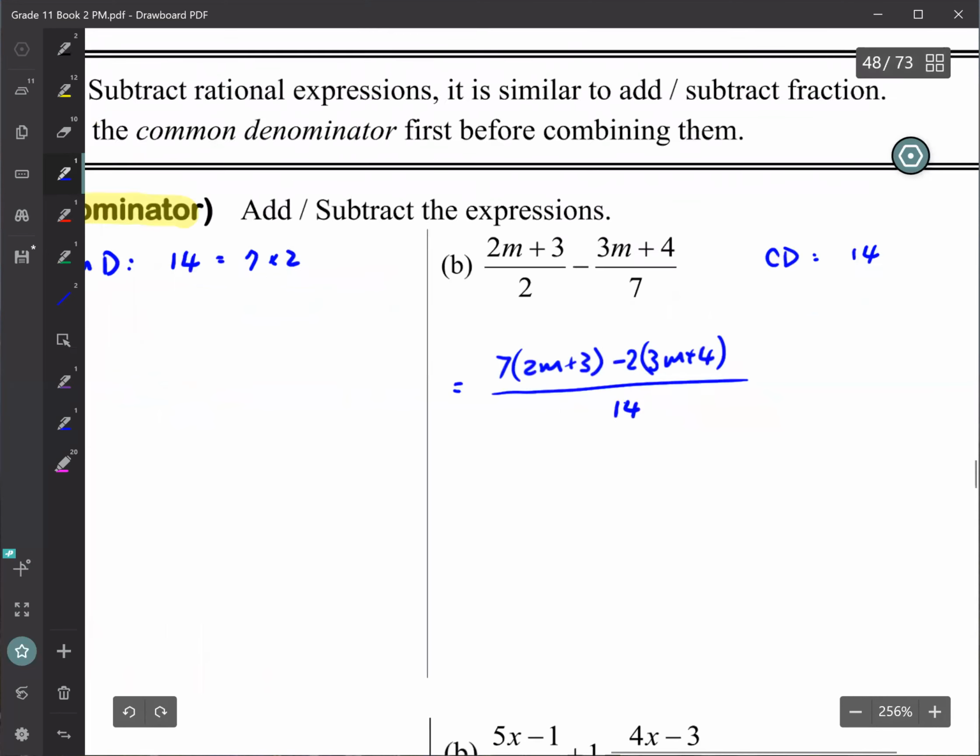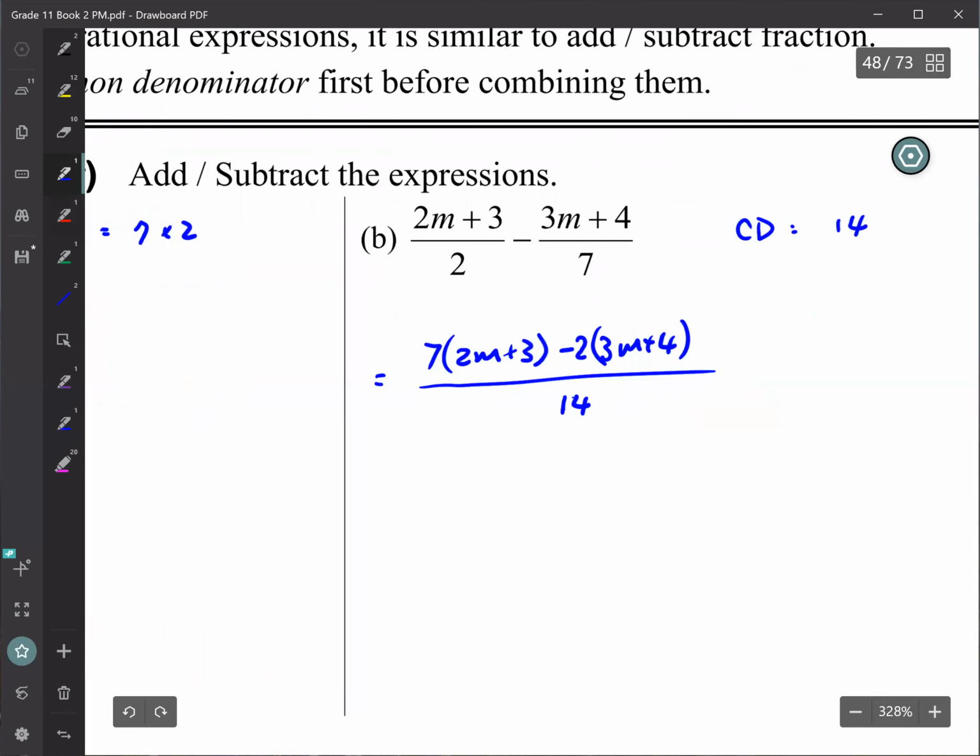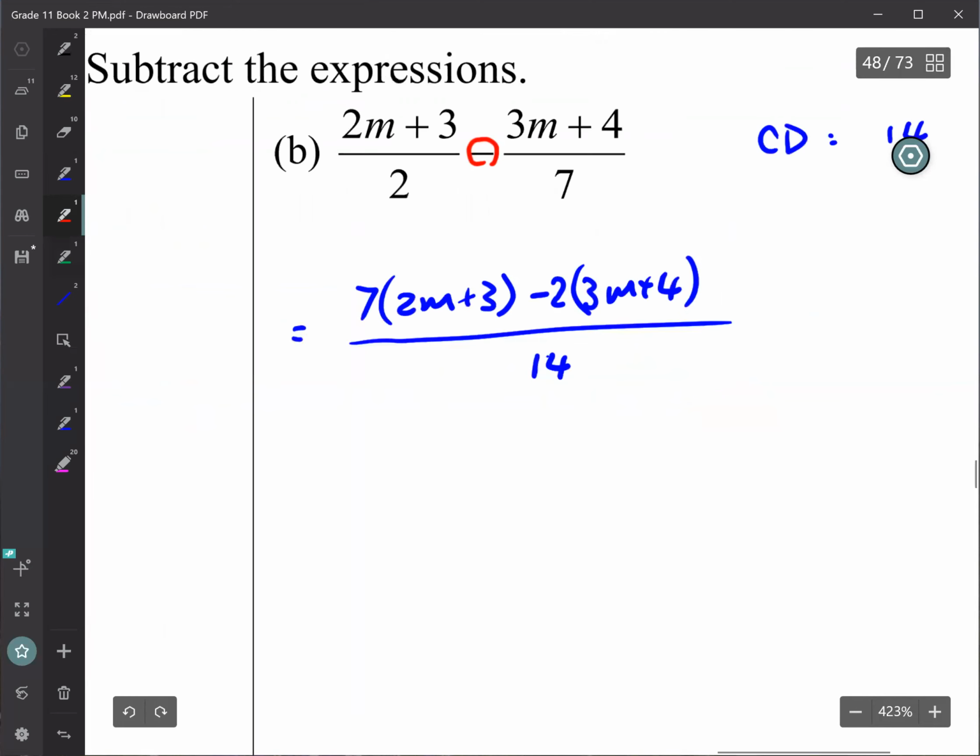If you see a subtraction, remember you're subtracting the whole fraction on the right side. So that means you need to have brackets in the numerator, if it's more than one term, so you remember together.